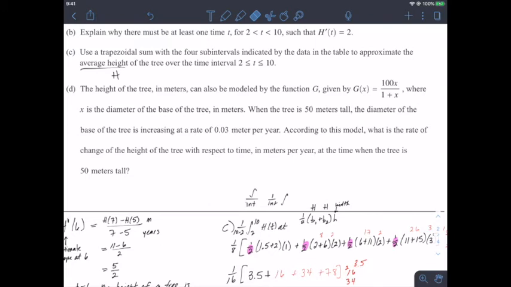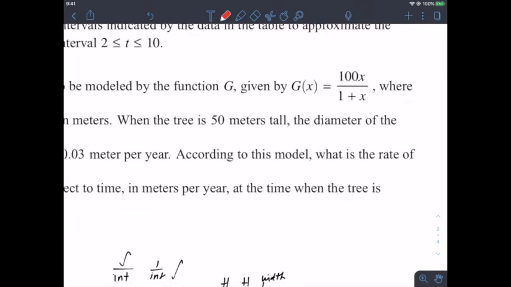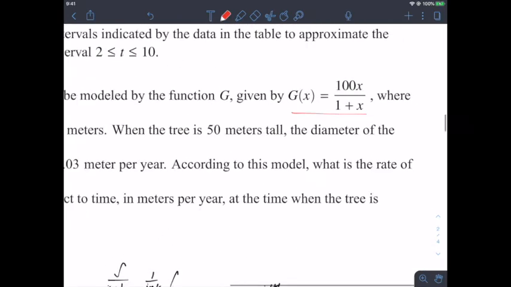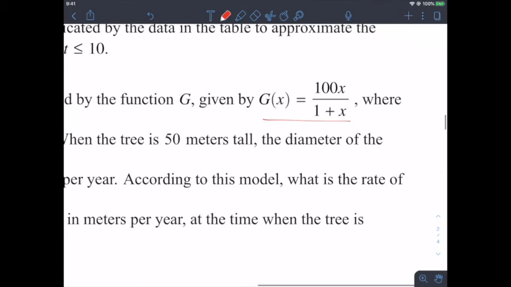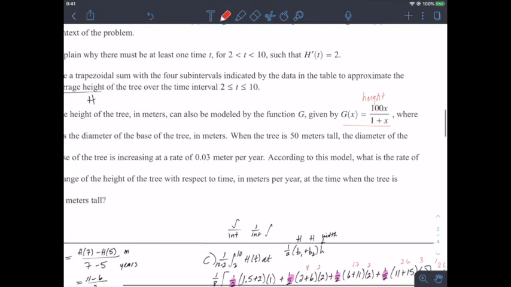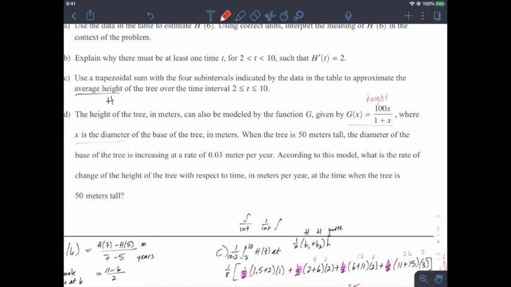Okay, so let's break this down and figure out what's given to us. g of x is the new height, so this represents the height, where x is the diameter of the base of the tree in meters. When the tree is 50 meters tall, the diameter of the base is increasing at a rate of 0.03 meters per year.